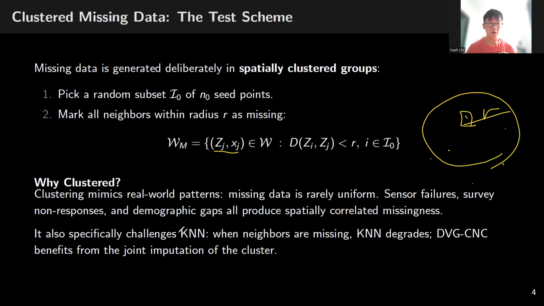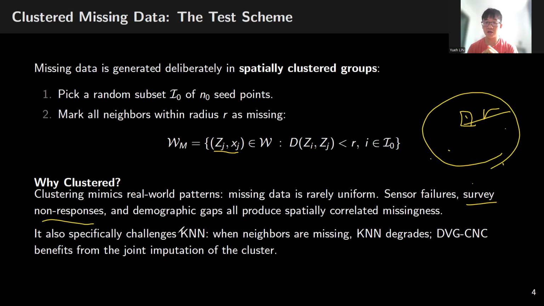So why do we make it clustered? Clustering mimics real-world patterns, actually. For example, sensor failures, survey non-responses, and also demographic blind spots all produce this spatially correlated missingness, not uniform holes around the data set, but correlated.